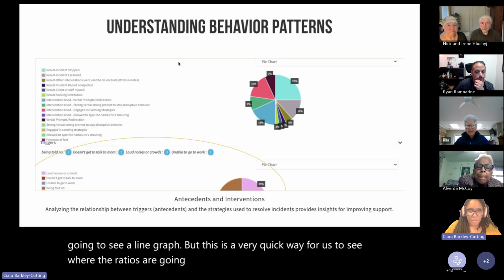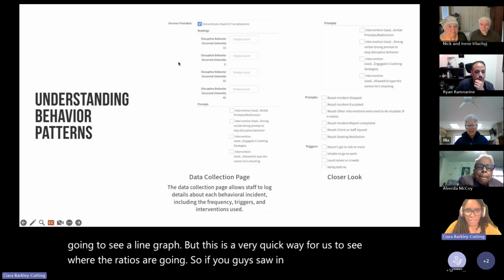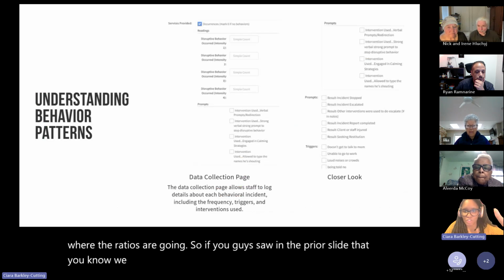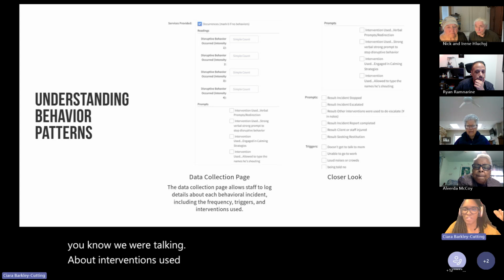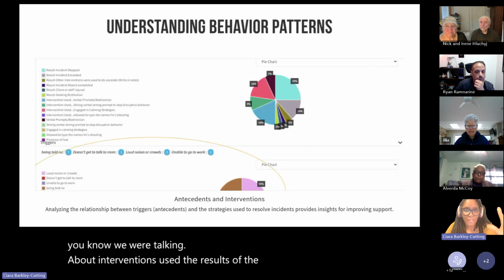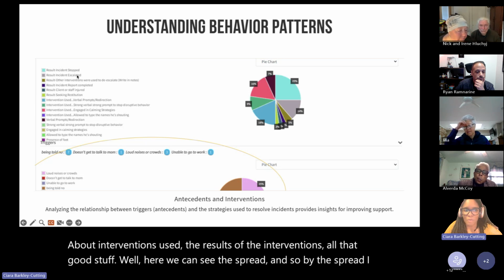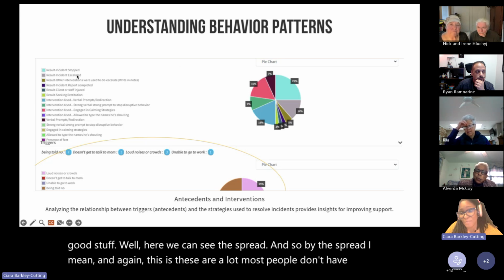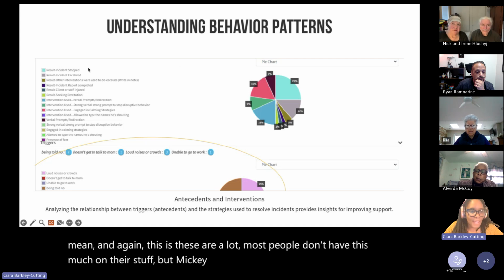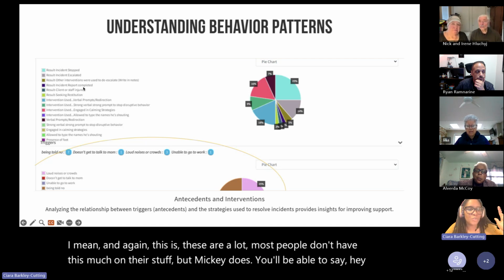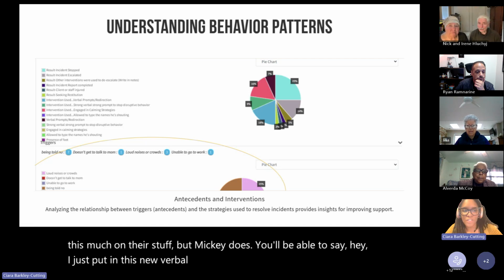If you saw in the prior slide, we were talking about interventions used, the results of the interventions, all that good stuff. Well, here we can see the spread. And again, these are a lot. Most people don't have this much on their plan, but Mickey does. You'll be able to say, hey, I just put in this new verbal prompt redirection intervention.